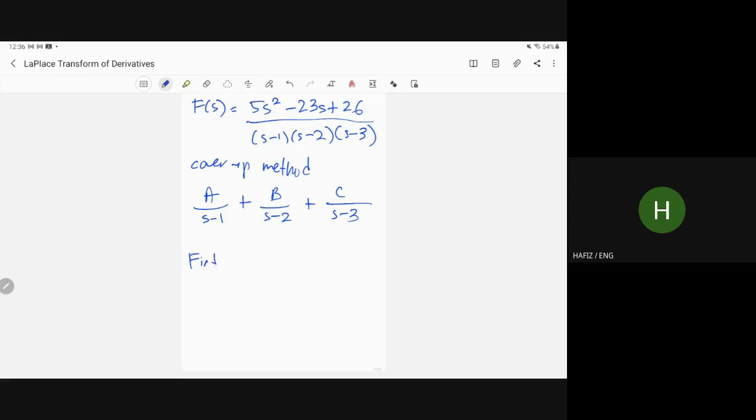Okay, so A. Find A. We set s equals to 1.